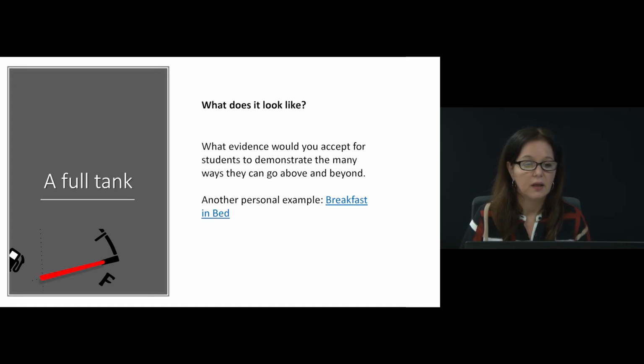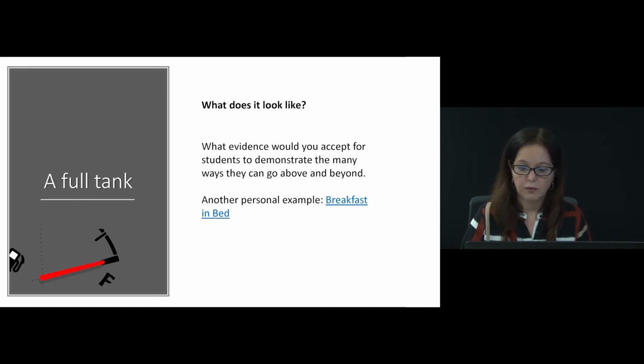She runs a website called Cult of Pedagogy, and I found her example was beautiful. So as you can see, there is nothing about students not meeting the criteria, and there's nothing that specifies how they go above and beyond.